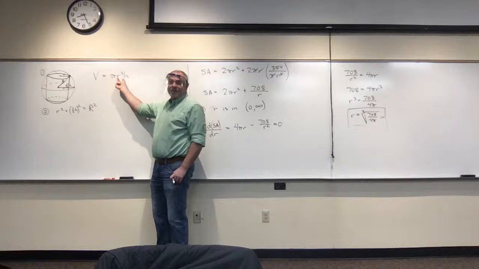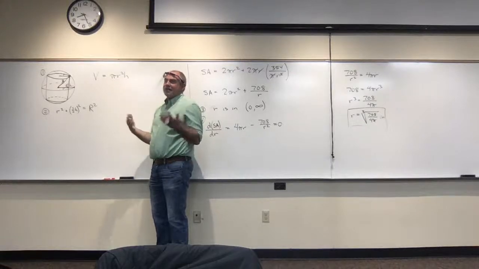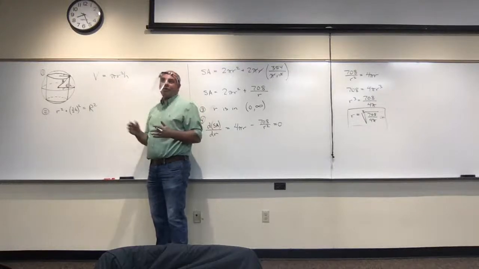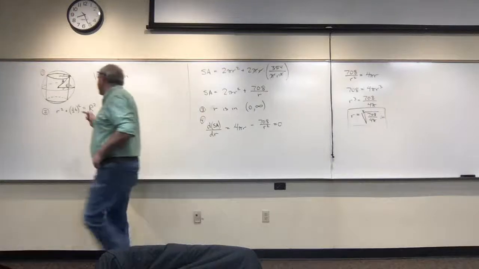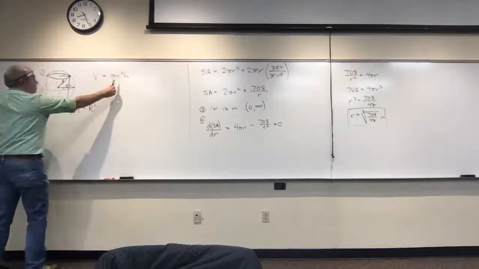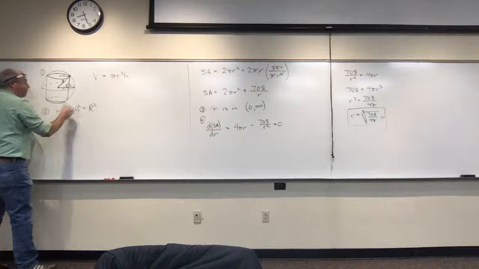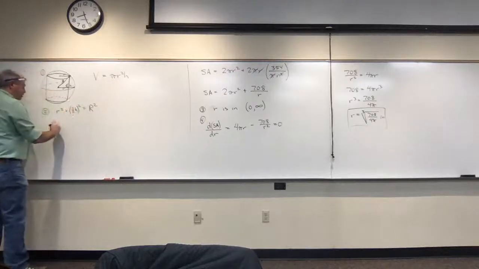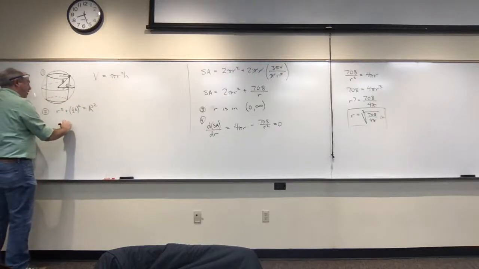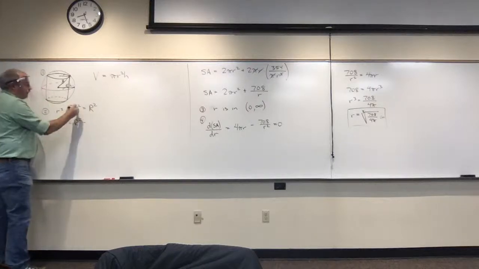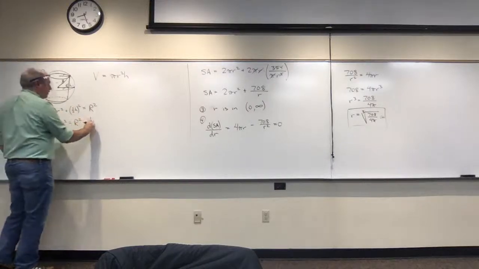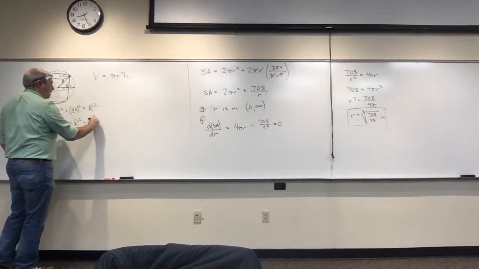Does that make sense? Instead of trying to solve for r, because that's going to have square roots and horrible things. And so if I can avoid it and I can just replace something here for something here, that's the best. So I could say that r squared equals capital R squared minus, if I were to square this, it would be 1/4 of an h squared.